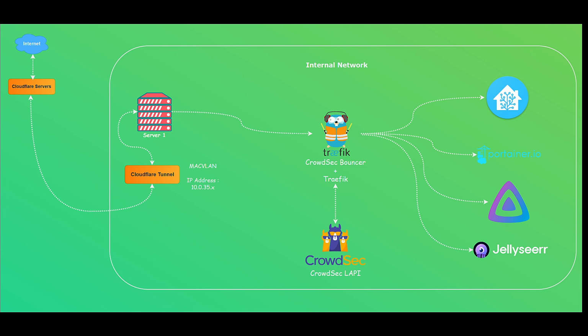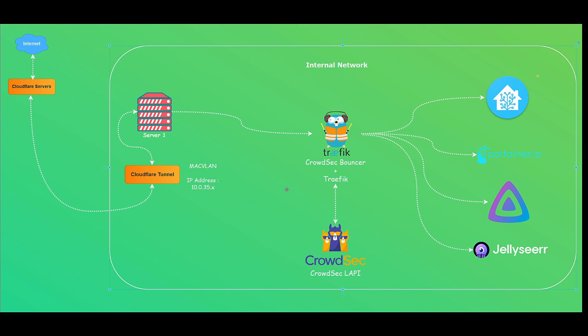So there is Traefik reverse proxy running in the server, which is this one. The Traefik reverse proxy is also running a CrowdSec Bouncer, which analyzes all the requests first and checks with the CrowdSec API to determine whether the IP address is allowed or not.